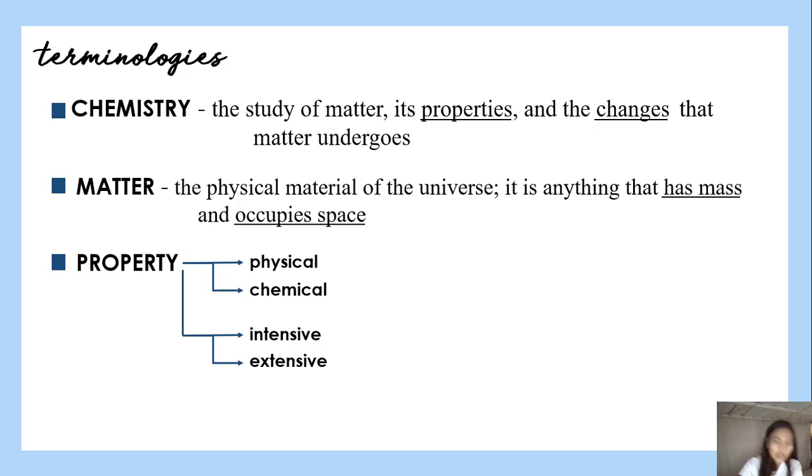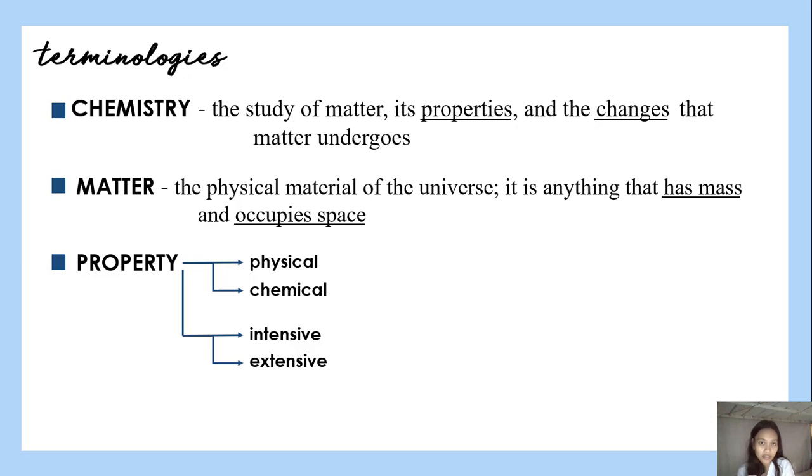Now, properties of matter can also be classified into intensive and extensive. So basically, intensive properties are inherent characteristics of a material, defined as characteristics of matter that don't change as the size or the amount of matter changes. So they are independent of the size or amount of the matter.